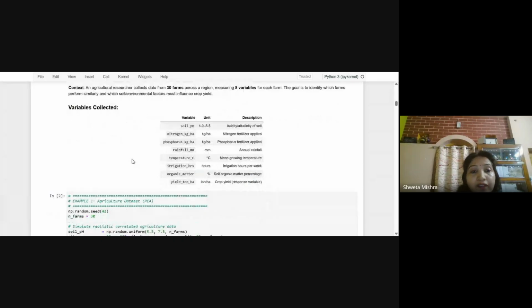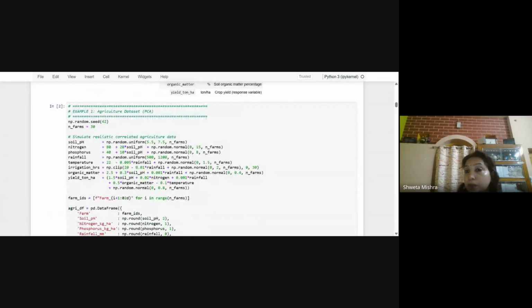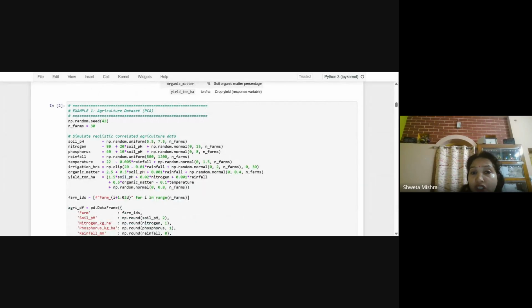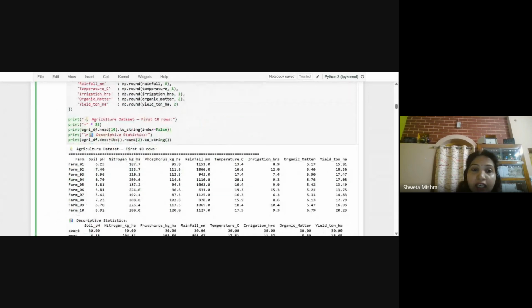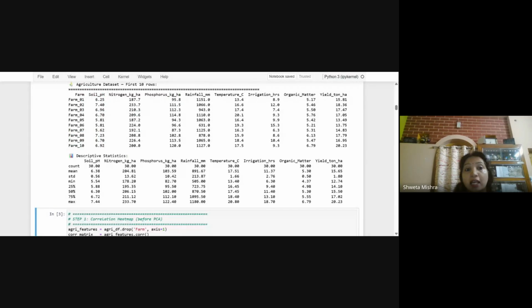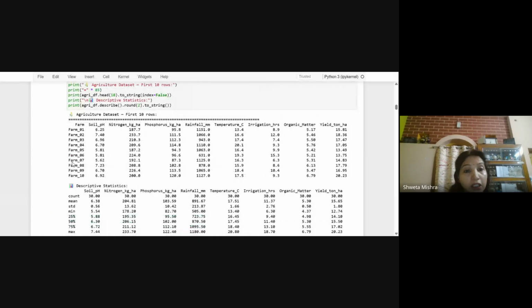For applying PCA, we have put in some data, and since we are using pandas, here you can see we have our data set. We are considering 30 farms, but here I'm just showing you the first 10 farms' data.